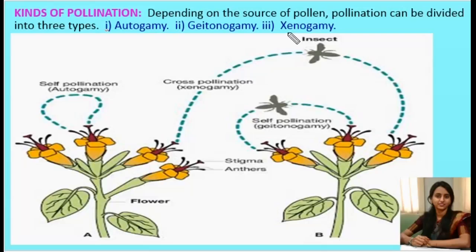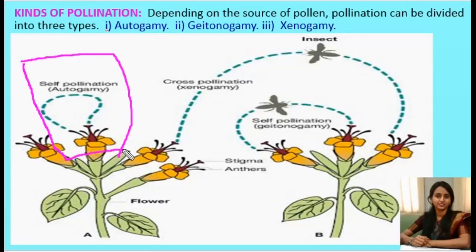Now let us try to understand what these types of pollination are. First one is autogamy. Auto means what? Self. Gamy means marriage. That is, in this process, the transfer of pollen grains takes place from anther to the stigma of the same flower. You look at this. This is the one flower here. Let us consider only this flower.